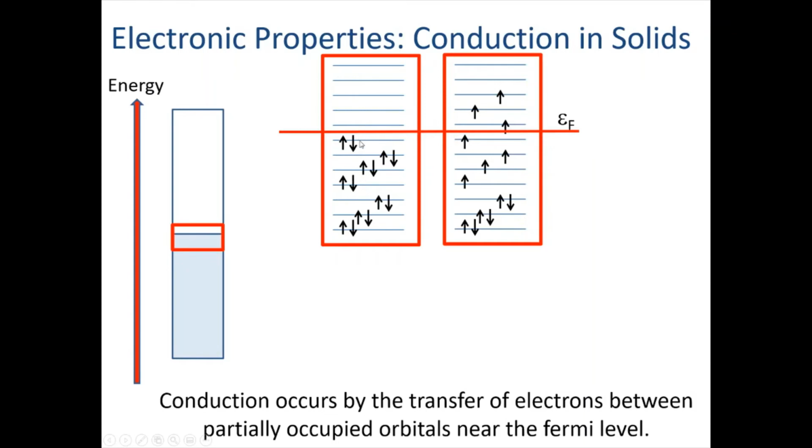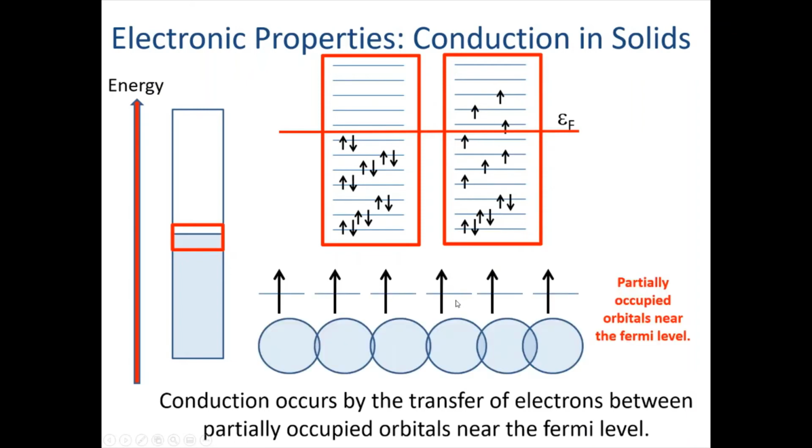We can do the same thing with heat, if the gap between the states is small enough. So when we get up to room temperature, some of these electrons get promoted to higher states. And then we get these states that are partially occupied, because some of the electrons have been promoted up into higher states. So now we have a bunch of states with just one electron in them.